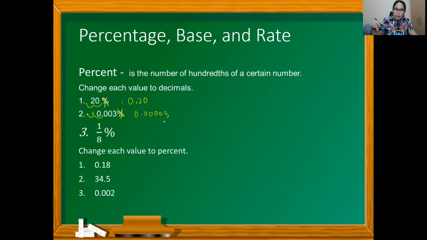And then since the percent is in fractional units, we have to convert 1/8 to decimal, and that is done by dividing 1 by 8. And this is equal to 0.125%. And that's the time that we drop this symbol and then move two decimal places going to the left. So 1 and then 2.